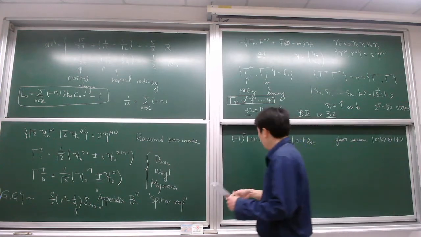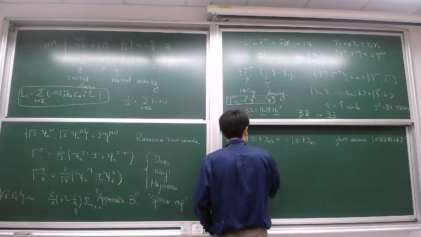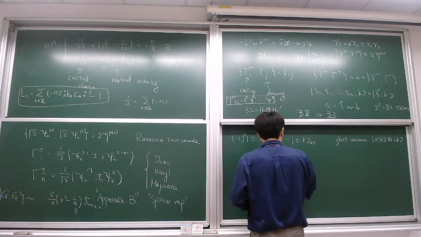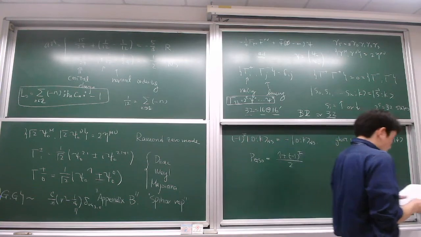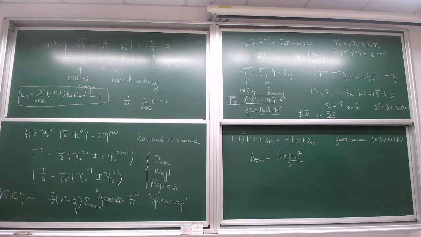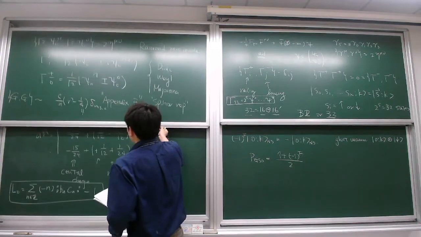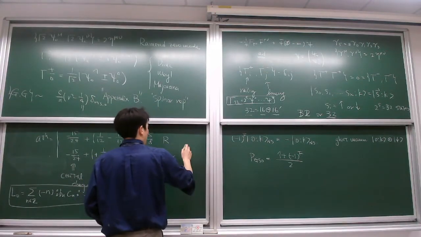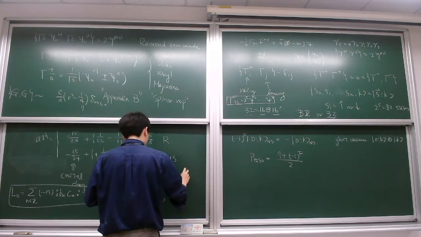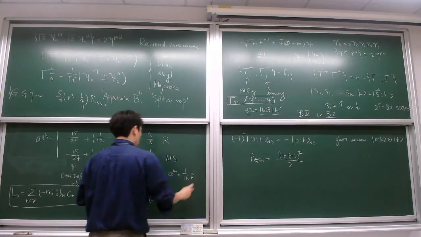And then we introduce the so-called GSO projection operator, which is equal to 1 plus minus 1 to the F over 2. The intercept of the NS sector, a ghost and a matter, is equal to 1 over 16 d.